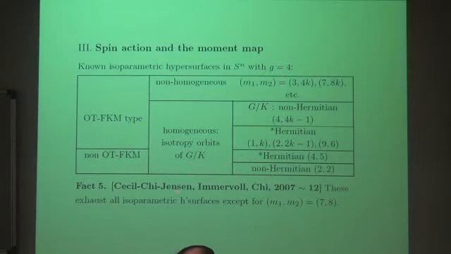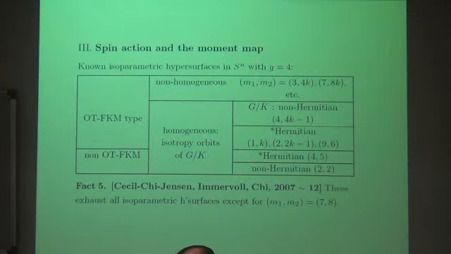In 2003, maybe, Cecil, Chi, and Jensen, and independently Immervoll, showed that these exhaust the isoparametric hypersurfaces with 4 principal curvatures, except for 4 cases.